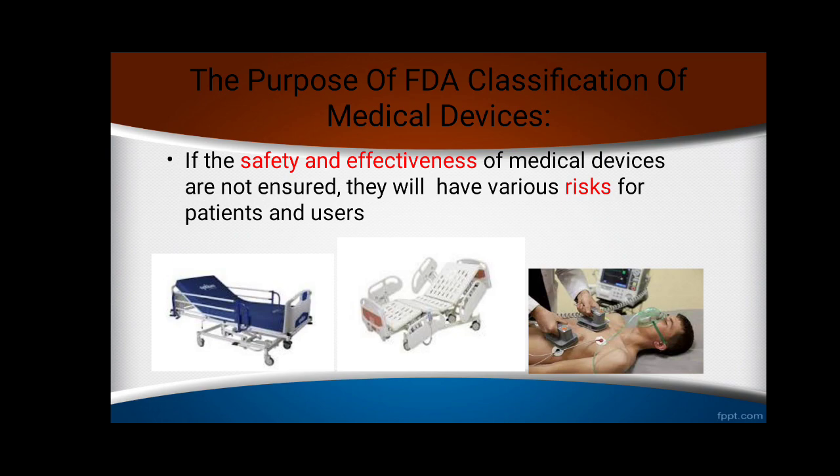The third device is a defibrillator. If it doesn't work correctly, it can cause serious injury or even death for patients or users. So it is a high-risk device, and according to the FDA, it is Class 3.